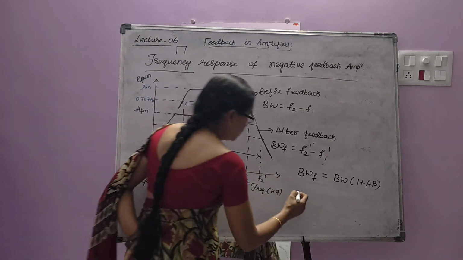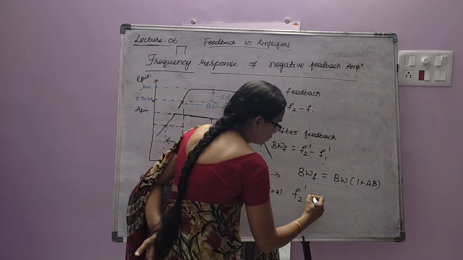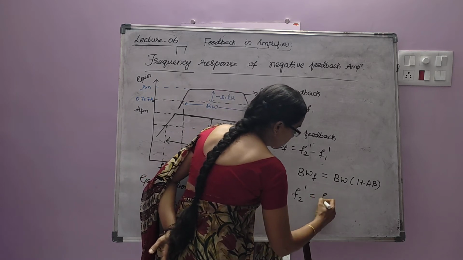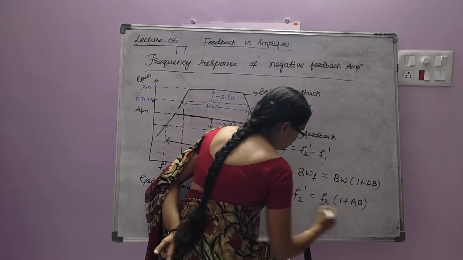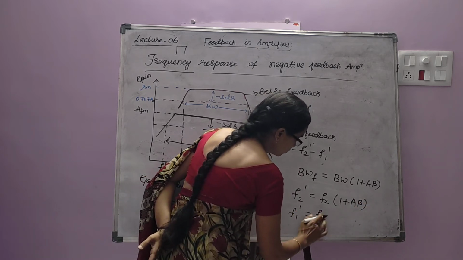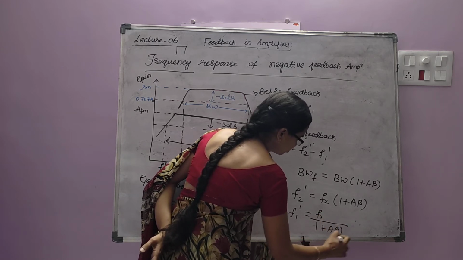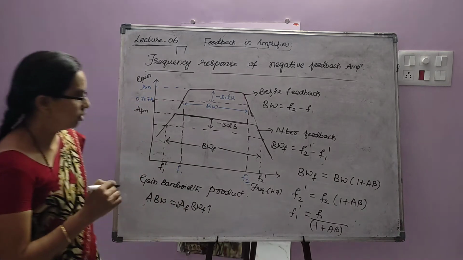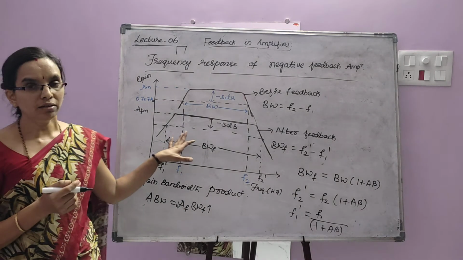You can also tell the upper cutoff frequency is increasing by the factor 1 plus A beta, and the lower cutoff frequency is decreasing by the factor 1 plus A beta. So this is how the bandwidth of the amplifier is affected by the feedback.